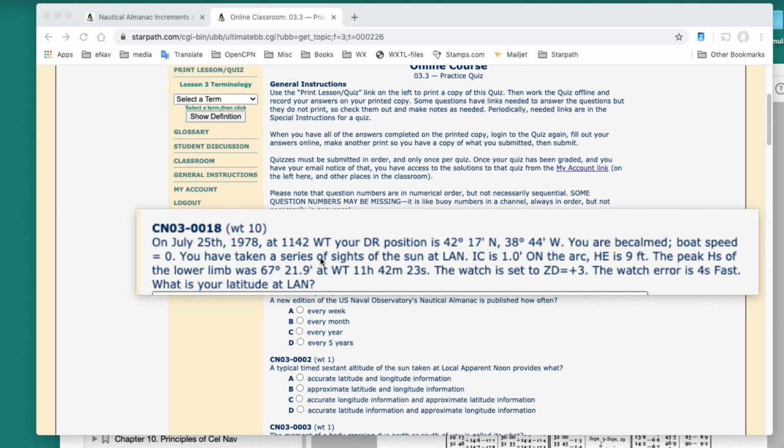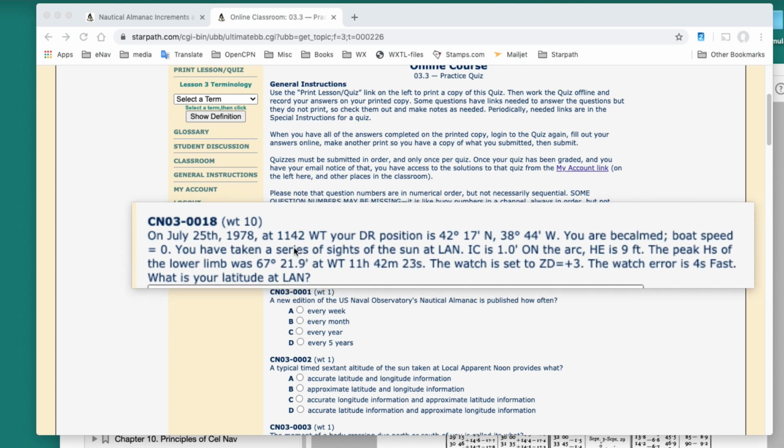It certainly shows when we started teaching celestial navigation, because this is an example from our textbook. The textbook's been reprinted and updated many times with new dates. But the beauty of celestial navigation is that it could be 1878 or 1778. It wouldn't really matter. What we're doing here hasn't really changed that much.